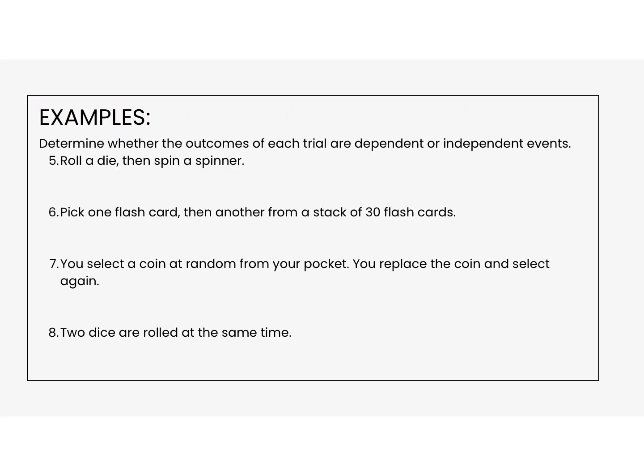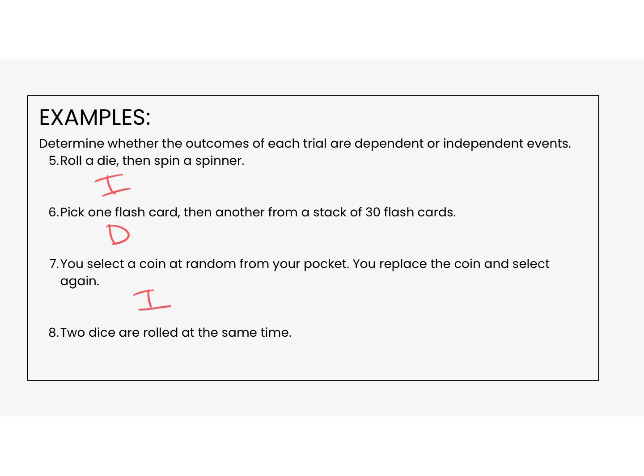So here are just a few. Let's determine if they're independent or dependent. So I first roll a die, then I spin a spinner. Those two things are not affected by each other at all, so those are independent. Number 6, I pick one flashcard, then I pick another from the same stack of 30 flashcards. Those are dependent because what I pick the first time affects what I pick the second time. 7, you select a coin at random from your pocket, you replace the coin and select it again.